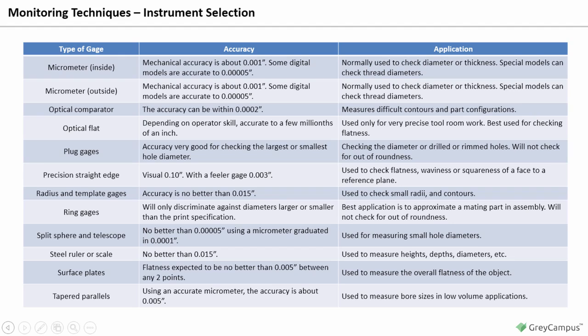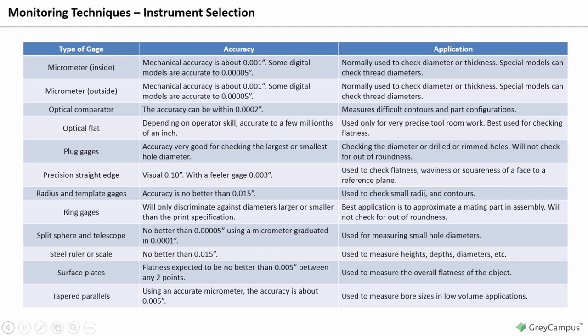The radius and template gauges have accuracy that is no better than 0.015 inches and are used to check small radii and contours. The ring gauges will only discriminate against diameters larger or smaller than the print specification. The best application is to approximate a mating part in assembly; they will not check for out of roundness.